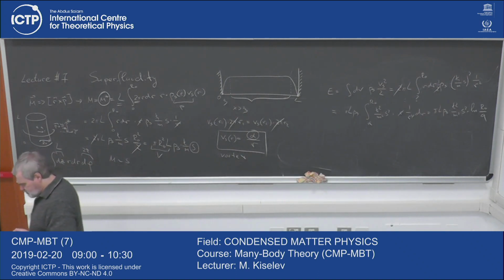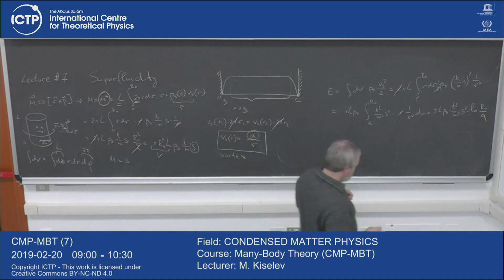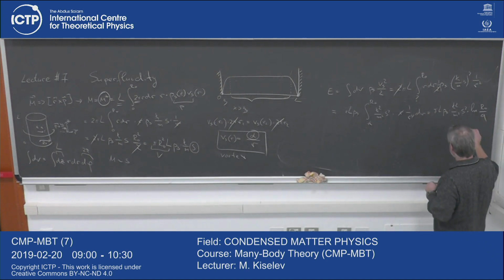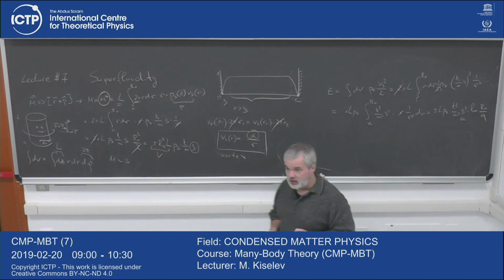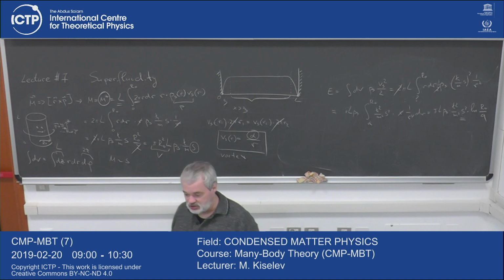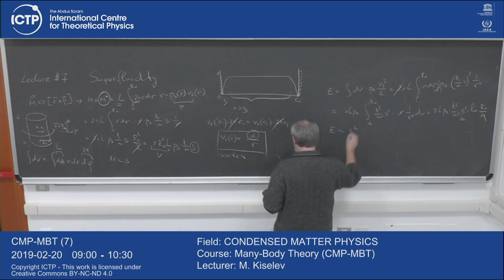What I obtained is that the energy of the flow in the container depends logarithmically on the size of the container on one hand, and it depends on the square of the integer number, while the momentum depends on the first power. So energy is proportional to S squared.